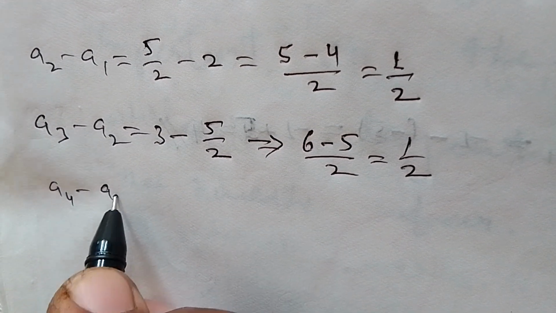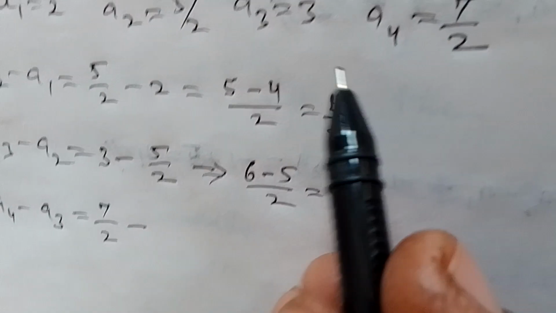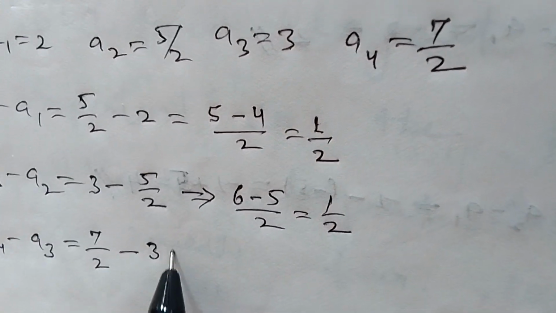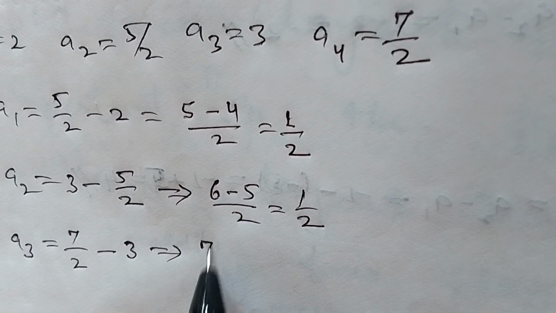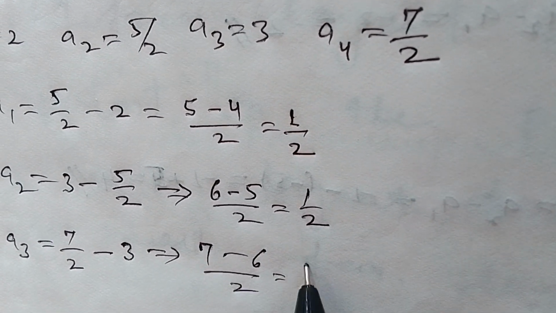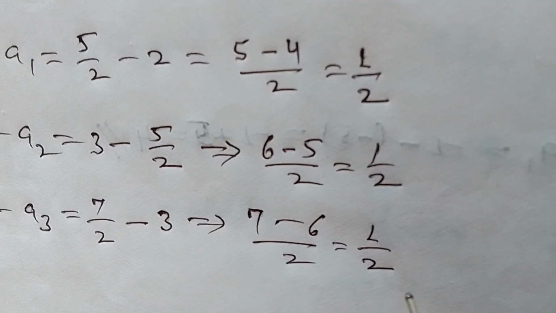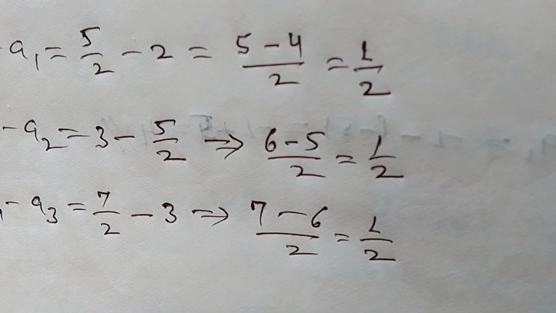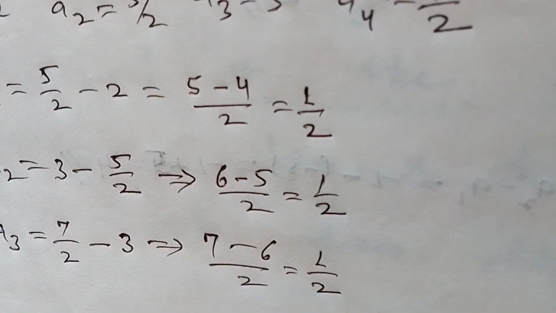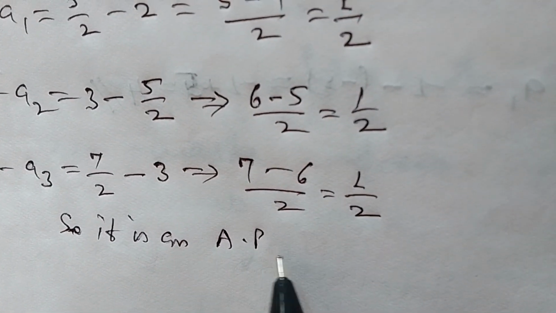Now A4 minus A3, A4 is given 7 by 2 and A3 is given 3. So 7 minus 6 divided by 2 comes out to be also 1 by 2. Here the common difference comes out to be the same. So it is an AP form.